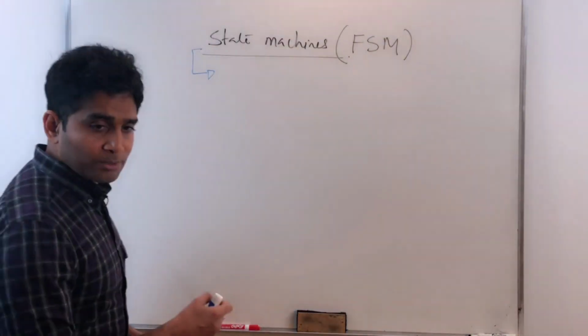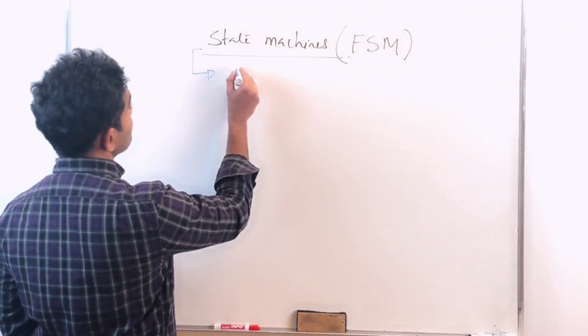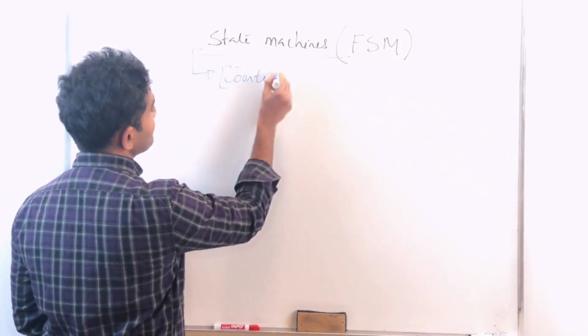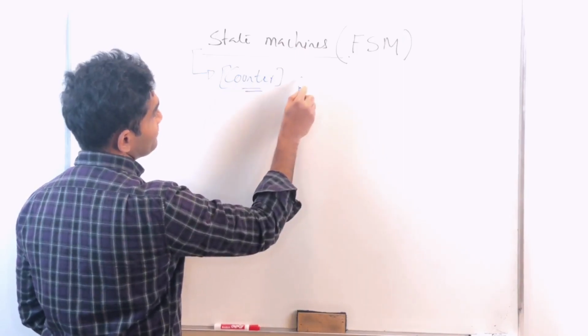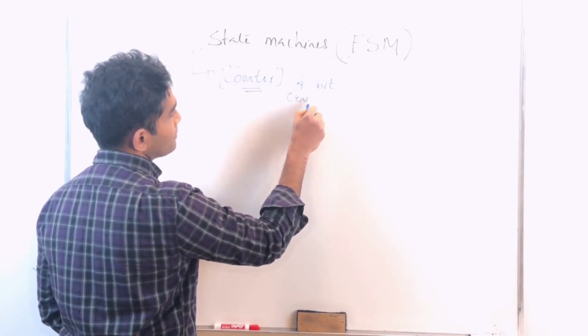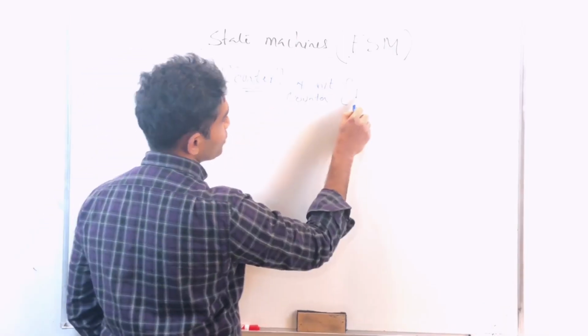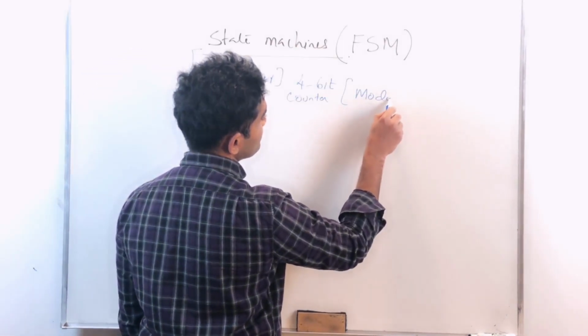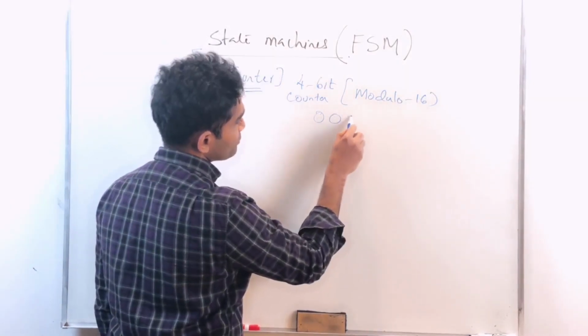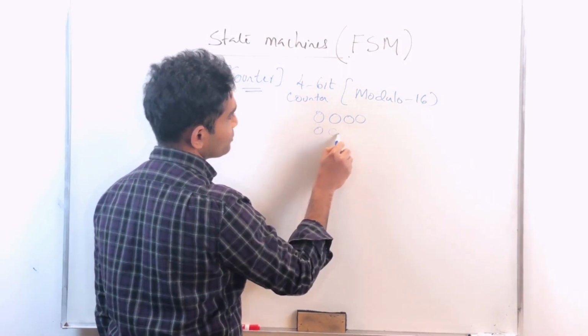Now, for the counter, let's say we want to design a 4-bit counter, or let me put it this way, a modulo 16 counter that can count from 0, 0, 0, 0, 0, 0, 0, 1.